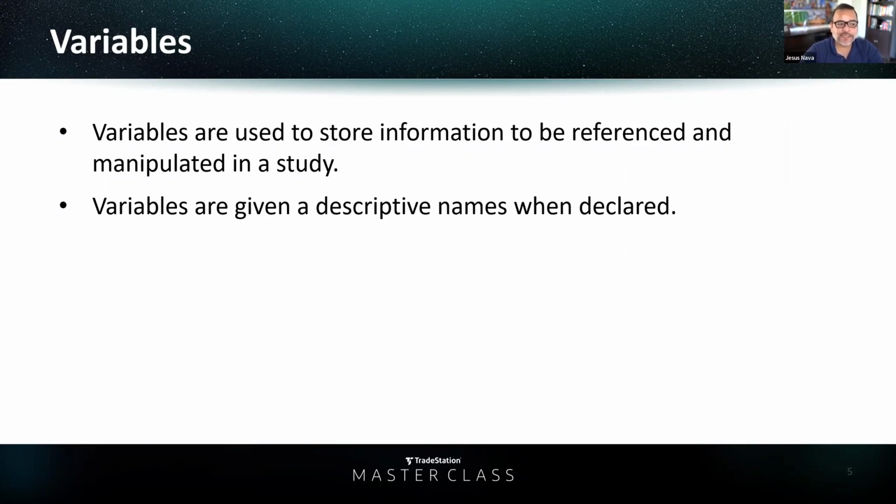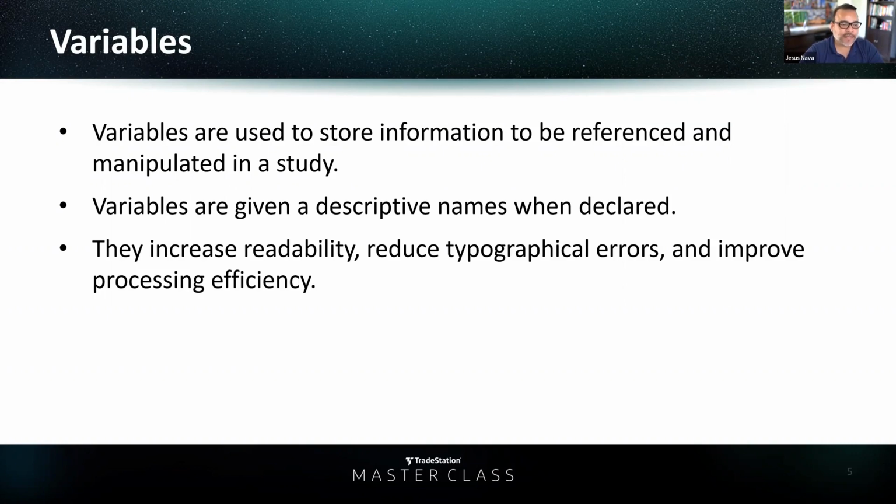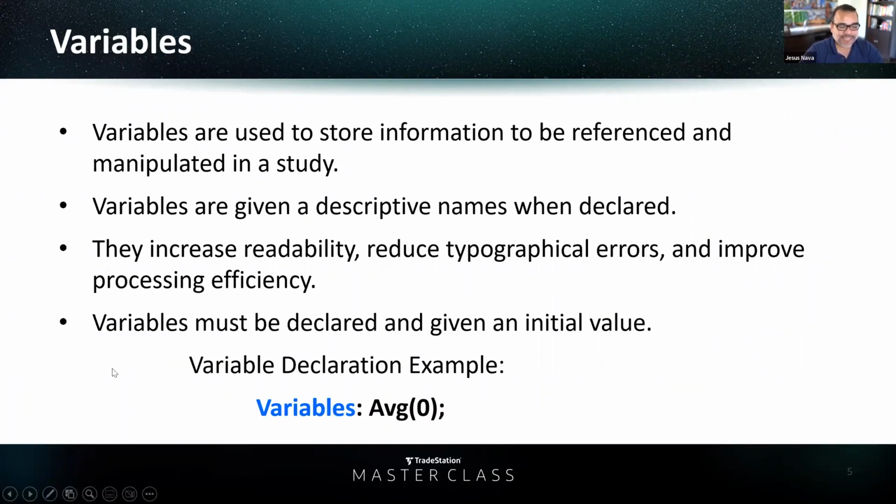So variables are giving us a descriptive name, so you know exactly what they are and how they're calculated. And they do increase readability, because instead of having all these formulas scattered all over your code, you have a word that is very descriptive. It means something to you, and you know exactly what is behind that word. For example, this is just an example.